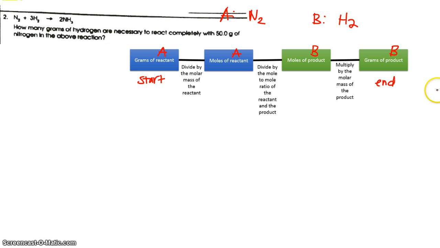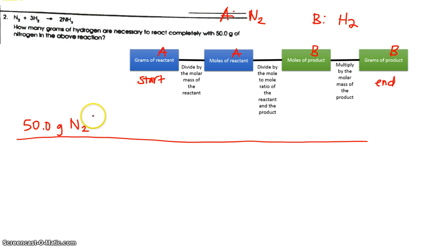So how should we get started? Well, let's start with just writing 50 grams of nitrogen. That's all we know right now. What could we do with this? I know the first step to getting to the end is just moving to the closest box to start.